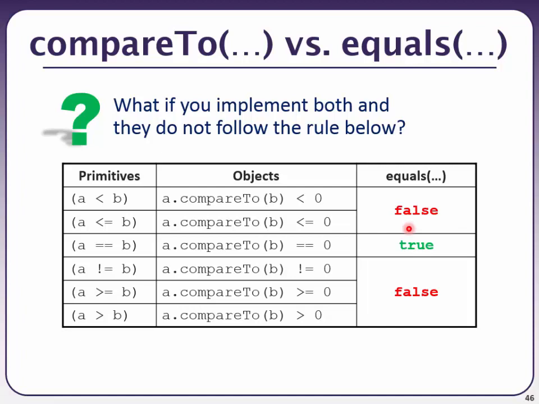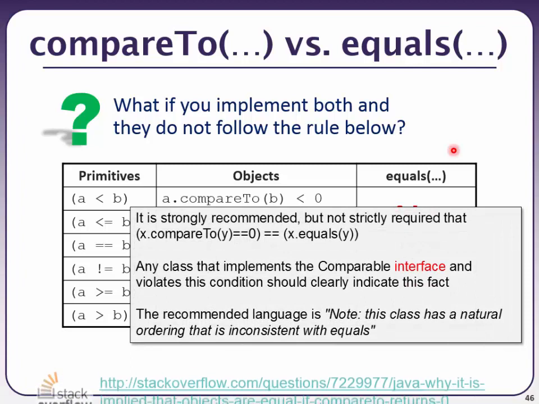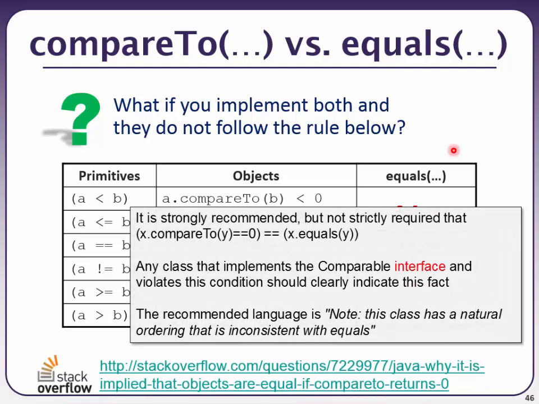Well, here's the problem. We have a notion of equality here that is not compatible with the notion of ordering that we apply to our objects. The ordering is based on salary, the equality is based on something else. Java is not going to prevent you from writing this kind of code, but it's not really recommended.